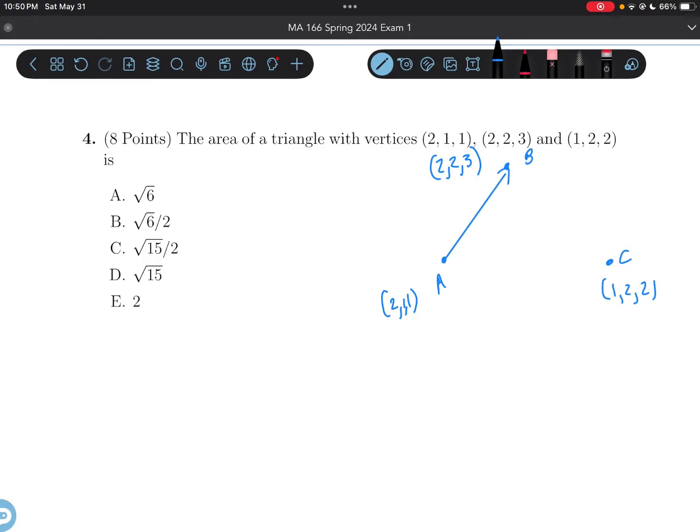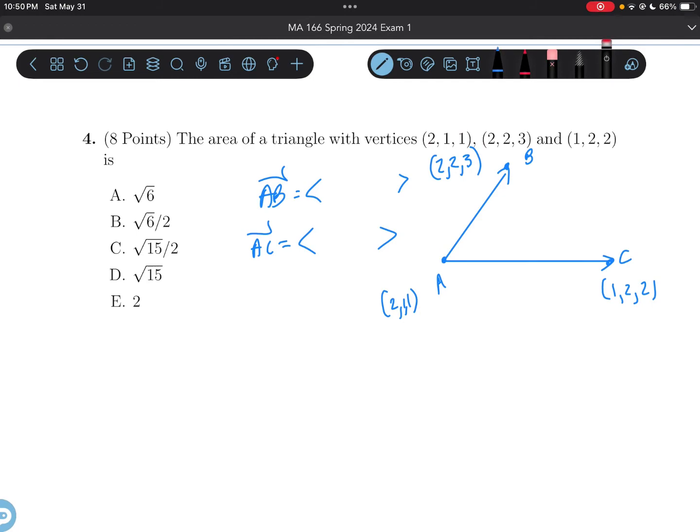What we can do is find the value of vector AB and vector AC. To find AB, we would take the coordinates of B and subtract A from them.